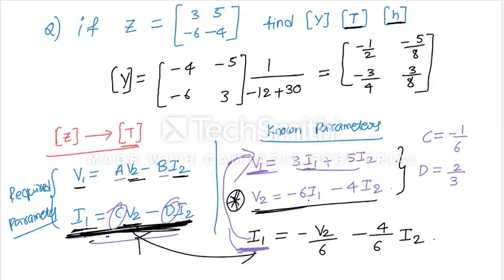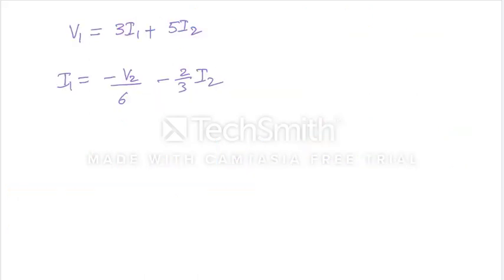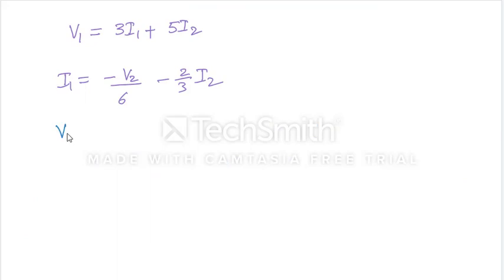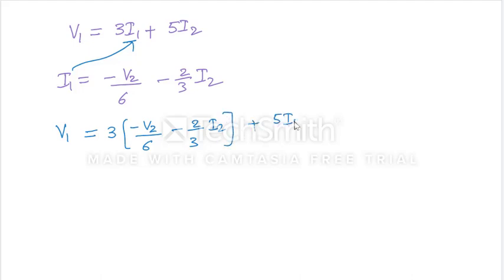I can replace this equation in this equation. So V1 is equal to 3 into I1, and I can replace this term here: minus V2 by 6 minus 2 by 3 into I2, plus 5I2.